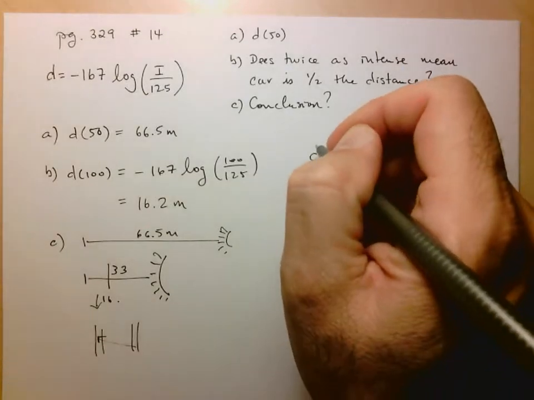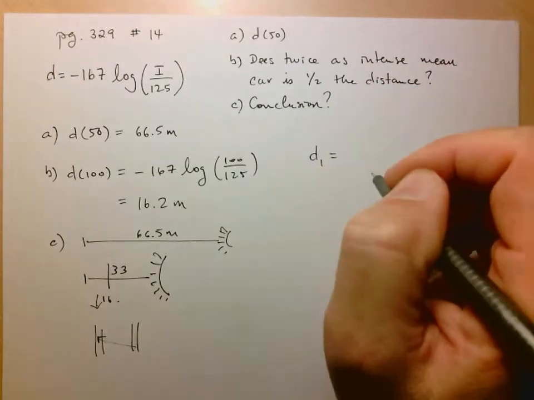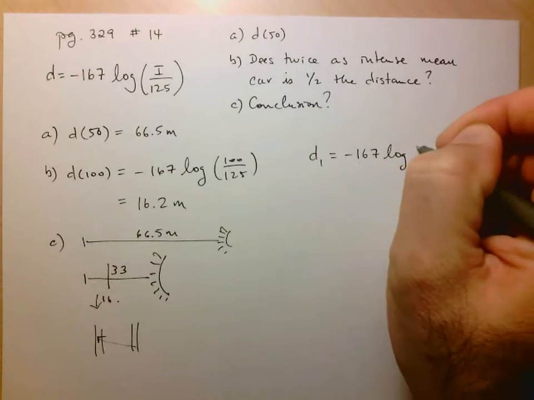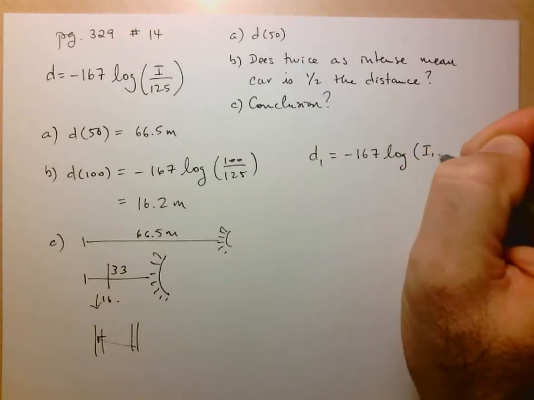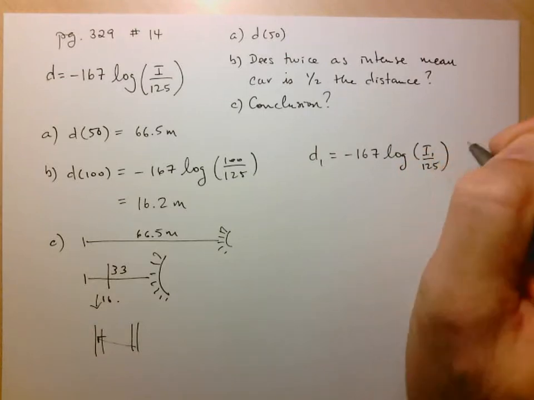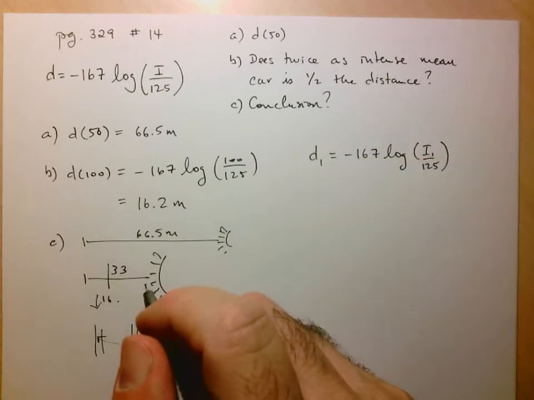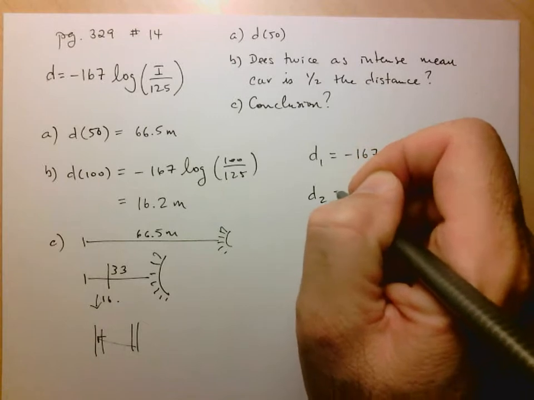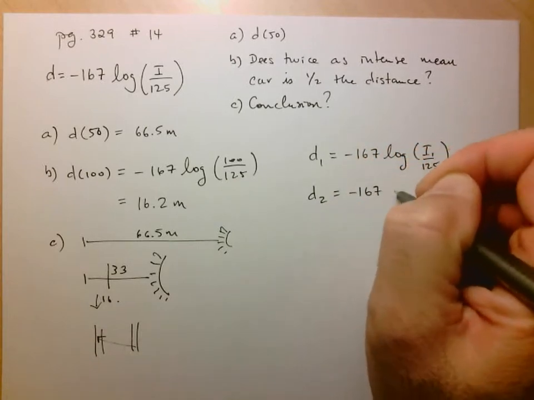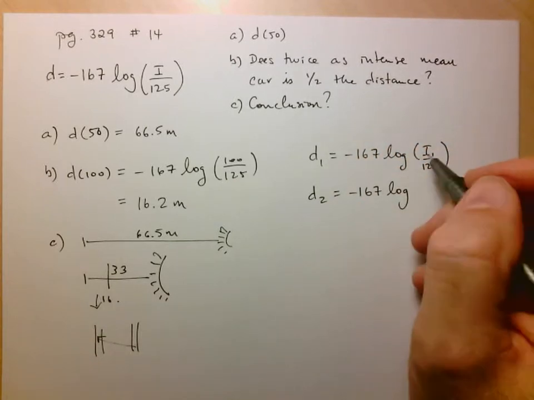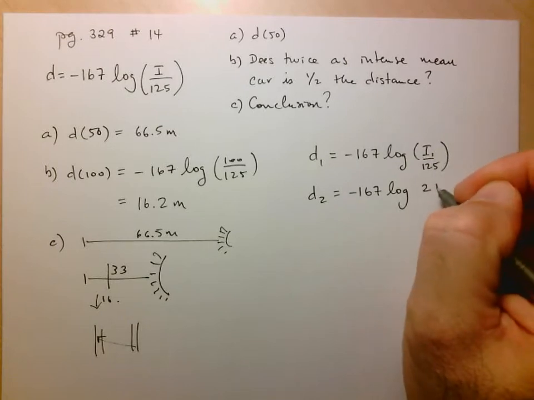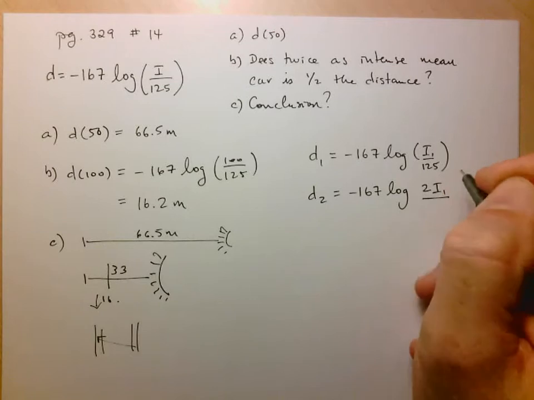So let's say I start with a given distance for a given intensity of light. I'll call these I1 and D1. Now let's say I want to determine the distance when I double the intensity. Since I know the intensity is going to be twice the original, I'm just going to replace this by 2 times I1.